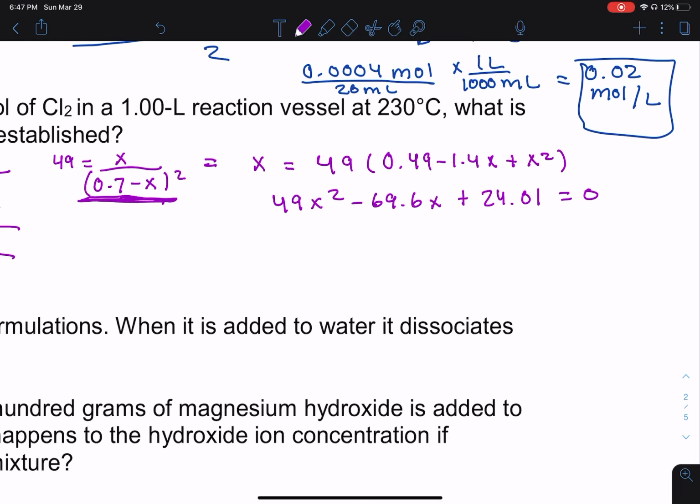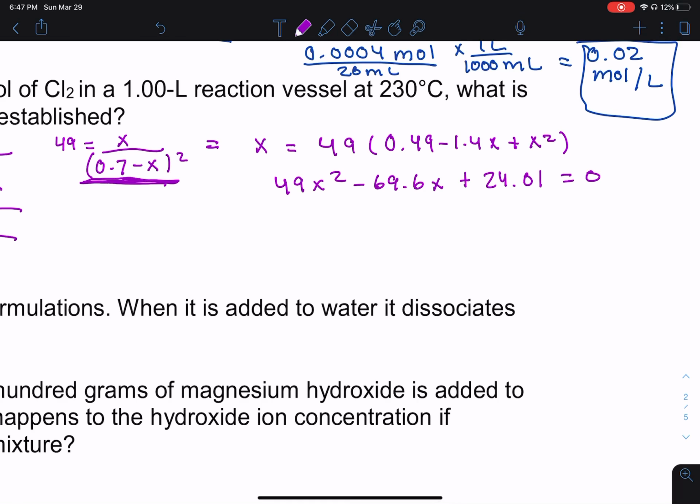And x here, when we use the quadratic equation, is x equal to negative b plus or minus the square root of b squared minus 4ac over 2a.